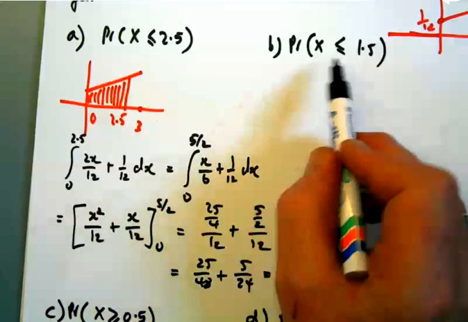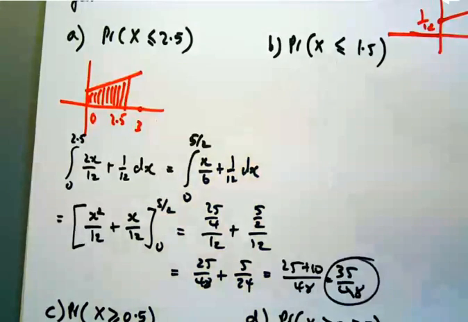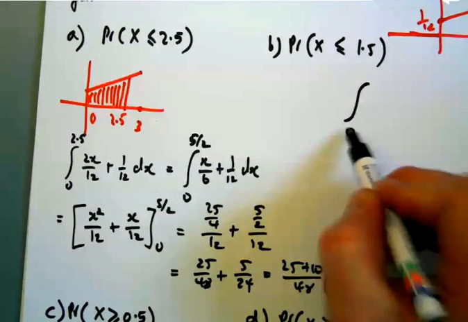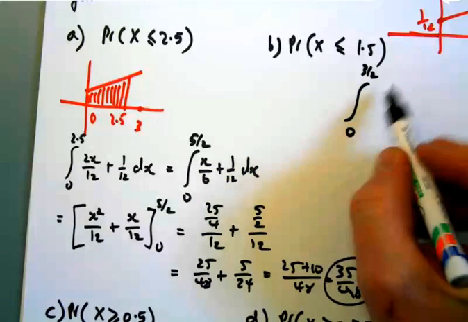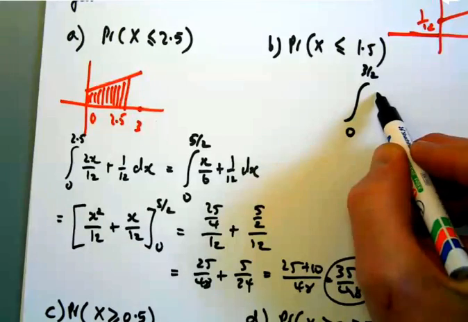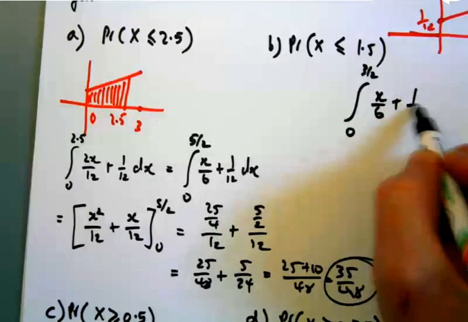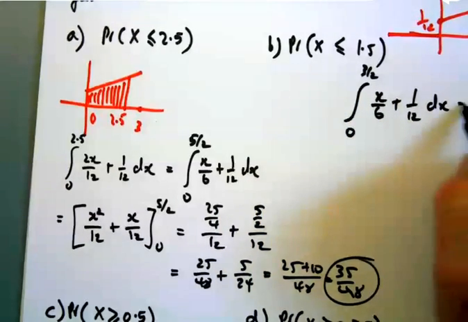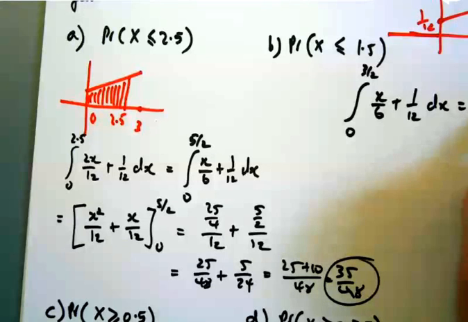The probability that x is less than or equal to 1.5 is going to equal the integral from 0 to 3 on 2 of x on 6 plus 1 on 12 dx. And that's going to be x squared on 12 plus x on 12 from 0 to 3 on 2.